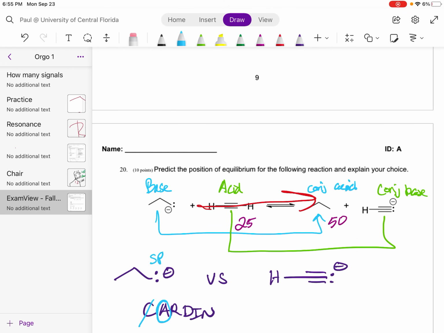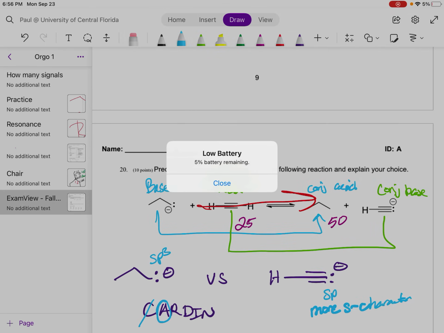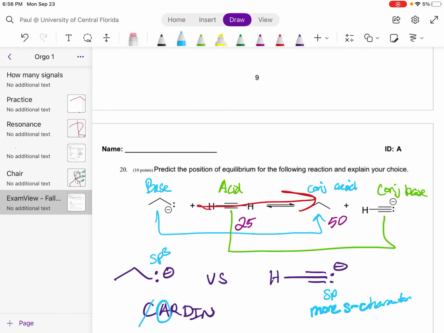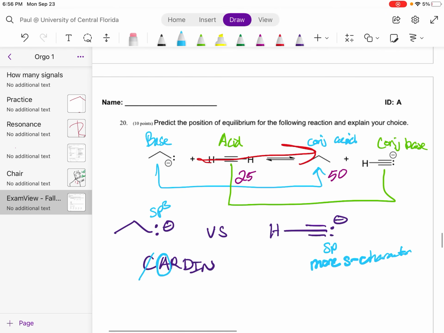This one is sp3, this one is sp. And so the sp carbon has more s character. More s character means that it's going to stabilize that negative charge better. This is also called effective electronegativity.